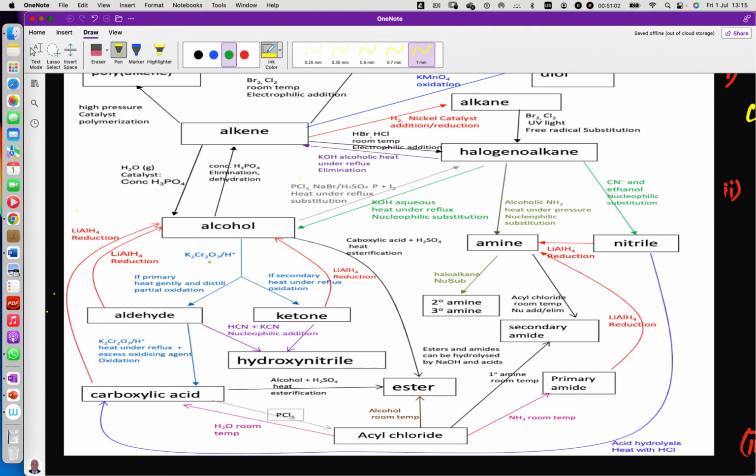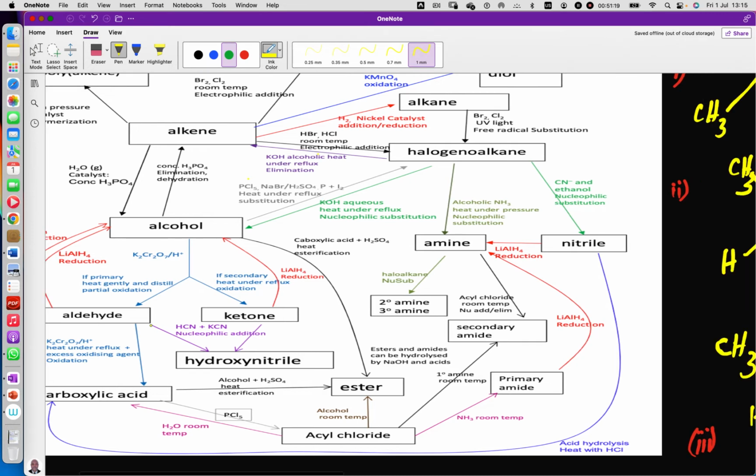This is acidified potassium dichromate 6. This is an oxidizing agent, and alcohol can be oxidized. Now, if it is primary, what happens is that it is oxidized to aldehyde.